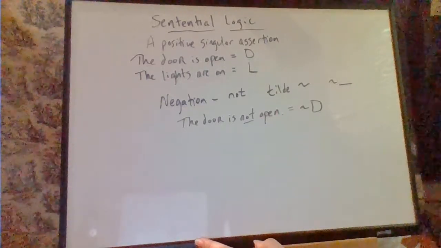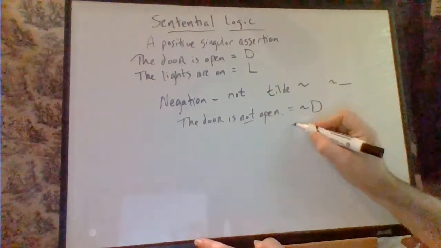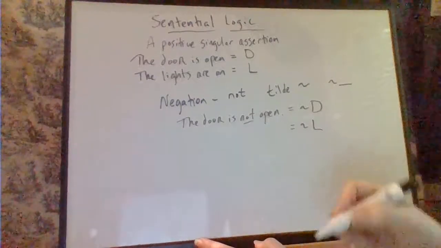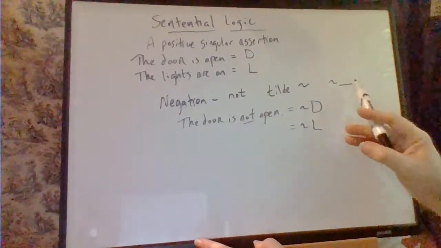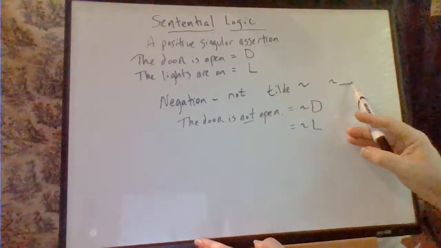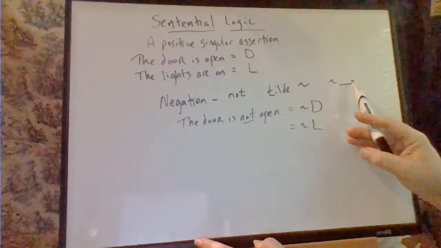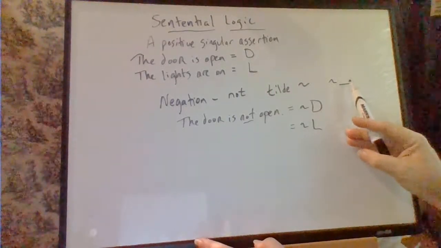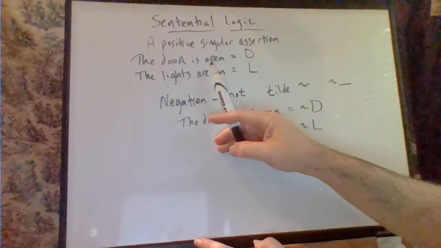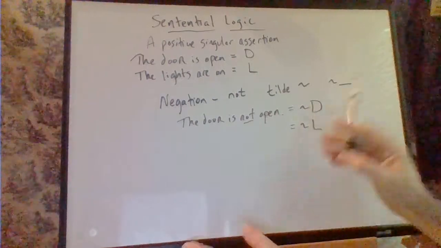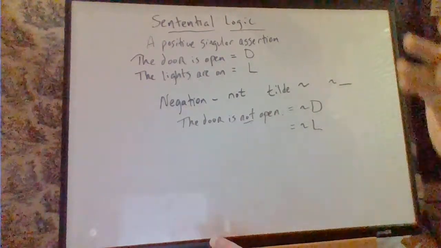If I wanted to say the lights are not on, that would be tilde L, okay? So it's very easy to use negation. You're just putting that tilde in front of the sentence letter, and that tells the reader that you're denying that statement. So, for example, if the door is open is true, then the door is not open would be false. Okay? Very simple, negation.